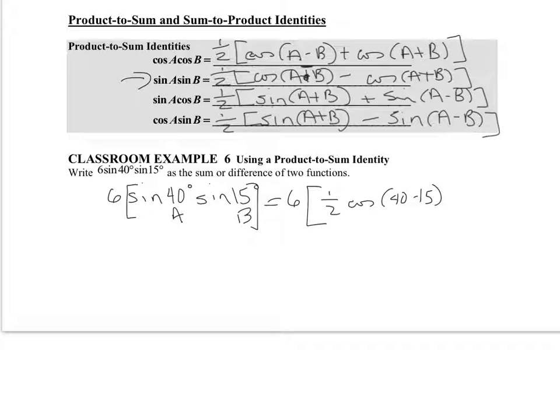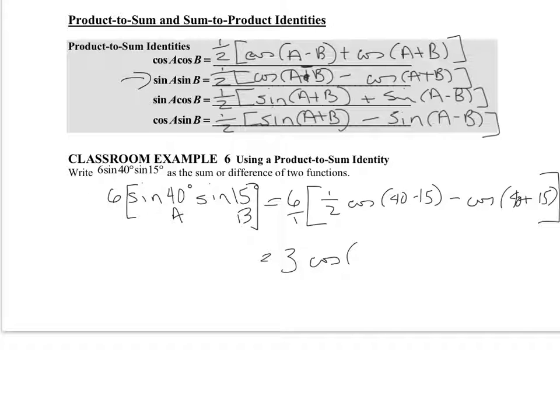And then I have a subtraction sign. And then I'm going to have the cosine of A plus B. So I write 40 plus 15, right? So if we were to clean this up, what's my new coefficient now? 3, because I've got to multiply the 6 times the 1/2, so that gives me 3.